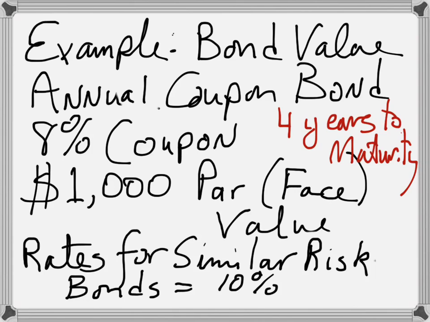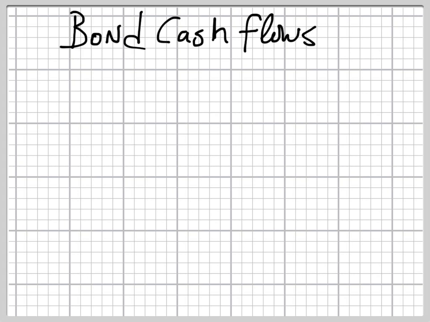So let's set this thing up on a timeline and solve it. Bond cash flow. Again, I'm using the grid background here so we can try to get straight lines. Okay, this is a 4-year bond, so I need a tick mark for time 0, year 1, year 2, 3, 4.